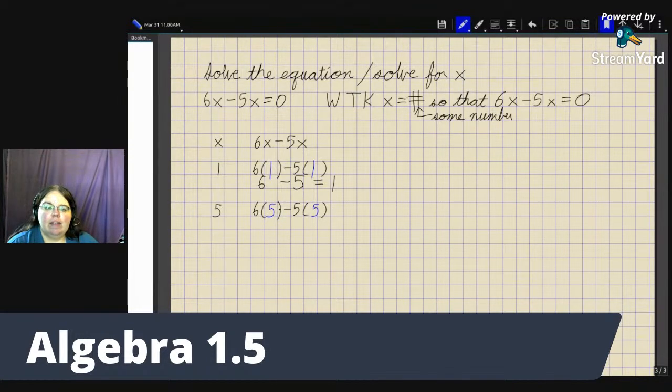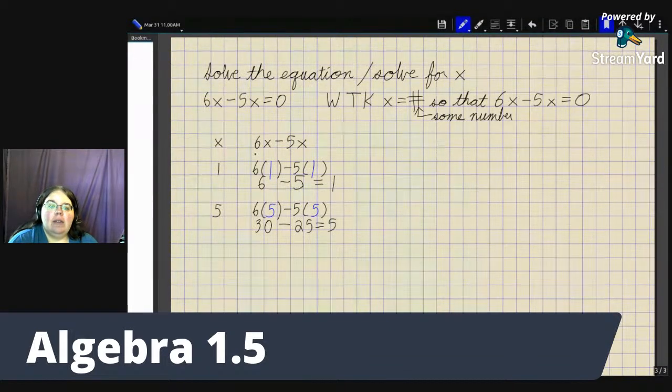Then we'd be doing, okay, 6 times 5 is 30. 5 times 5 is 25. 30 minus 25 equals 5. So it seems like there's a pattern going on here, and it seems like we're getting back the same number we started with. Well, what's up with that?